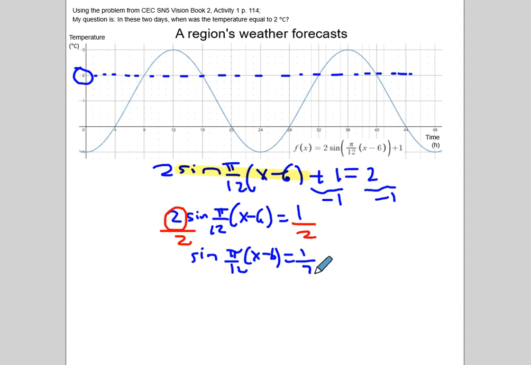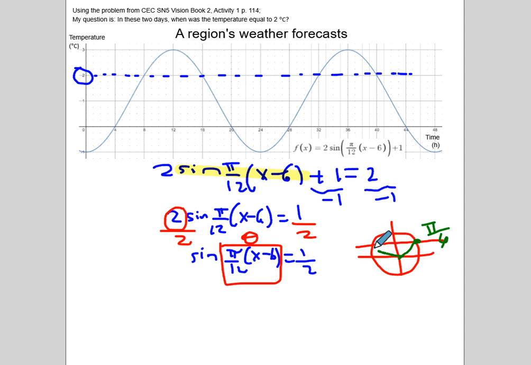So this is where you have to remember now. I want to figure out sine of which angle, this is my angle, is equal to 1/2. So you have to remember your trig circle. Sine is your y value. So when is this equal to 1/2? We have two values. We have the first one here, which is pi over 6.